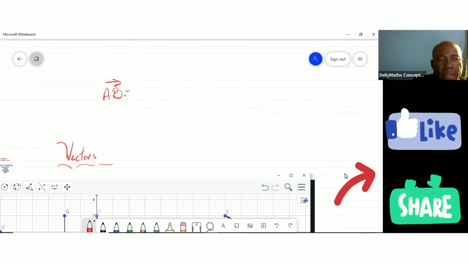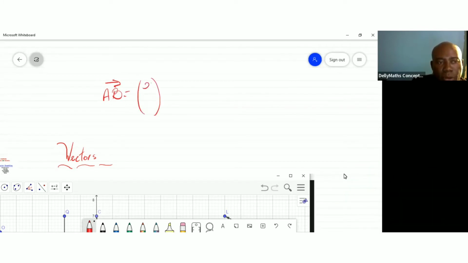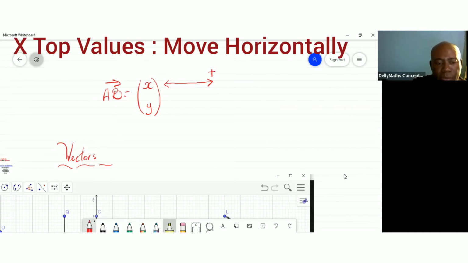If we have a vector AB, the top number is an X value and the bottom number is a Y value. The X values would always move to the right or to the left. If it is moving to the right, it's a positive number, as you could see here. And if it is going to the left, it's going to be a negative number.